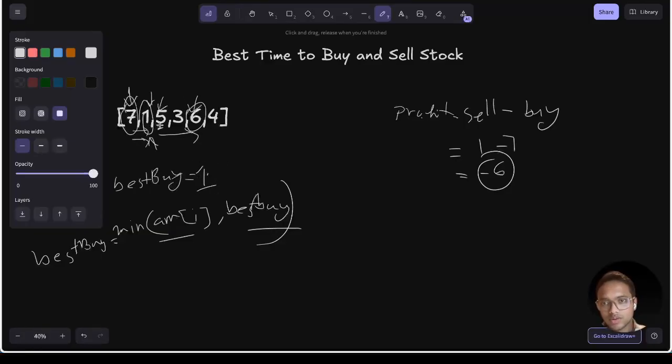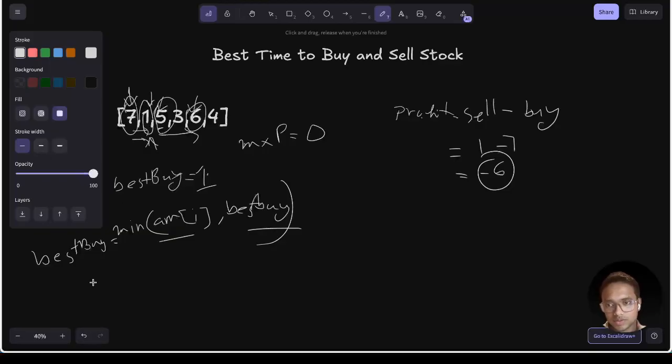If our next element is greater than our best buy, what do we have to do? We have to find the profit. We will initialize one variable called max profit equal to 0.